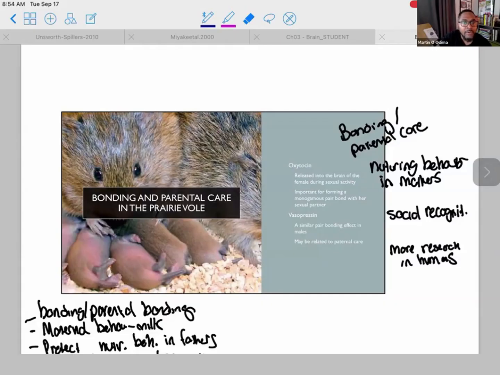When it comes to oxytocin, it has to do with female sexual activity, and that helps form a monogamous pair bond with a sexual partner. That's the chemical that's released with oxytocin. And when it comes to vasopressin, it creates a similar pair bonding effect in males and could be related to parental care. So the studies with the prairie vole have helped us understand those chemicals.